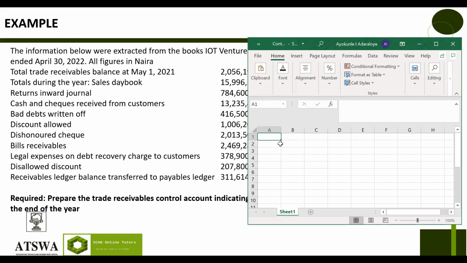We'll do our debit side, trade receivables control account. I said we will have our debit side and we will have our credit side. So you just divide your book.